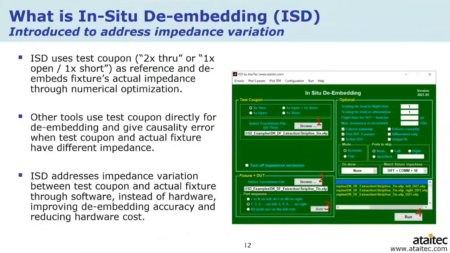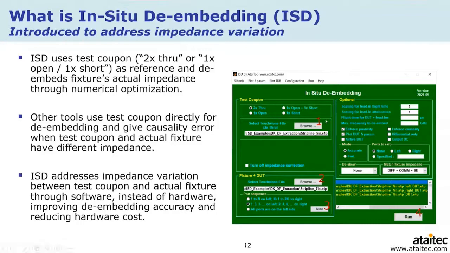Now, we introduced In-Situ De-embedding to address this impedance variation between a fixture and the test coupon. It's very easy to use: 1, 2, 3, 4, and that's it.